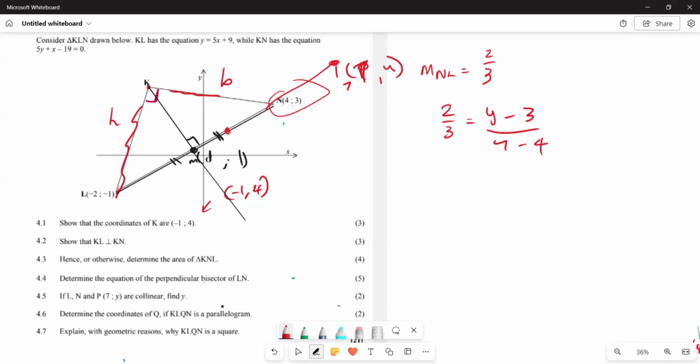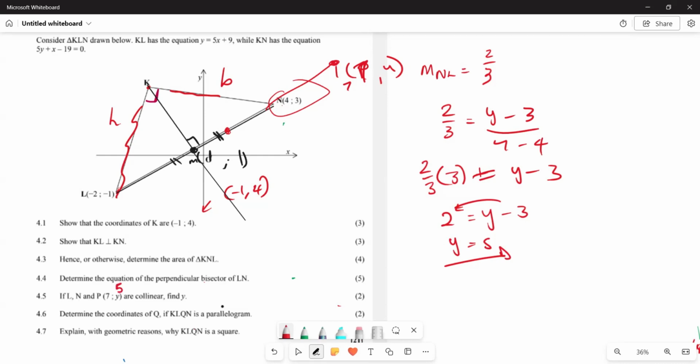Now, this is same as 2/3 multiplied by (7 - 4), which is 2, is equal to y - 3. Then you transpose, and your y is going to be same as 5. So basically, the y of your P is going to be 5.